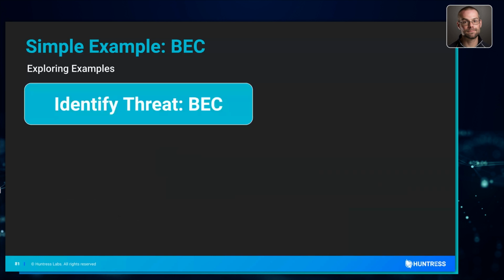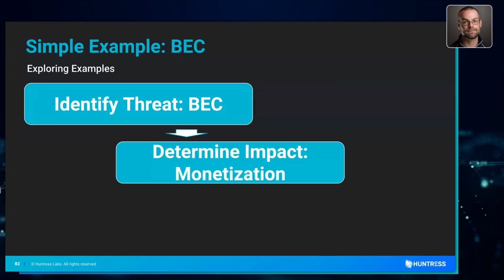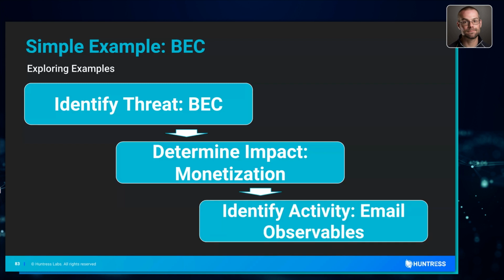Within this statement, we see several things. We've identified a threat and how it operates, business email compromise entities that are manipulating or capturing email communications in order to actualize their threat that lead to an impact scenario of trying to extract financial value from the victim organization, and then using specific observables around email activity to try to find signs of this behavior within the telemetry available to us.